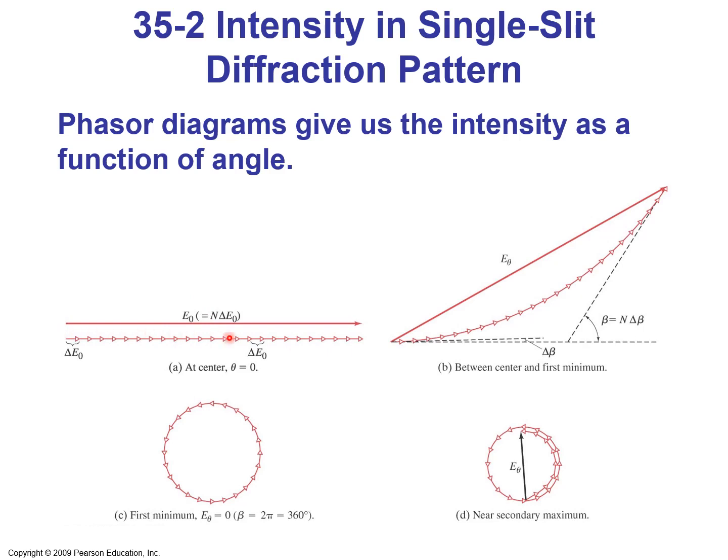They add up to n times delta E naught. For the case when we are looking at a point between the center and the first minimum, we're introducing a delta beta phase difference between the phasors, introducing some optical path difference between the entering point and the point on the screen.